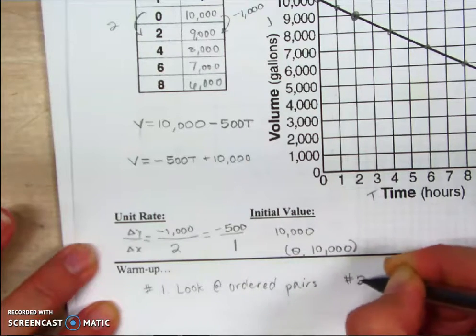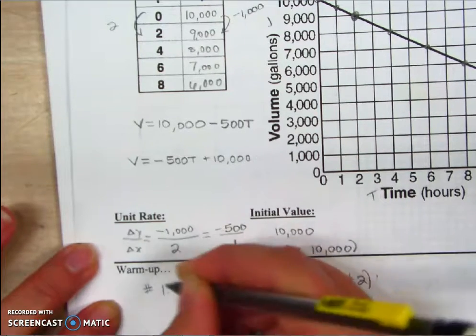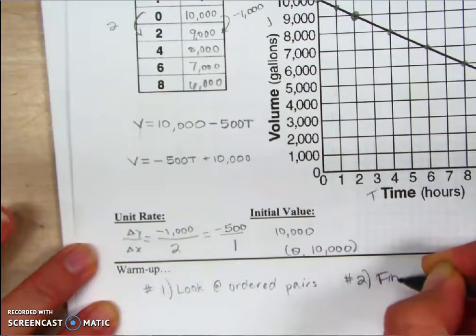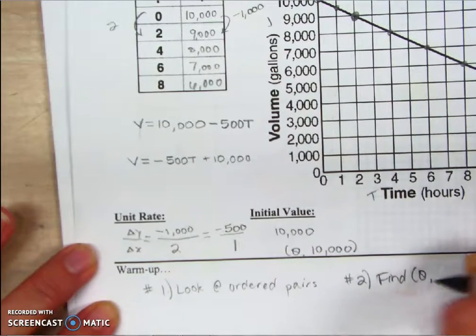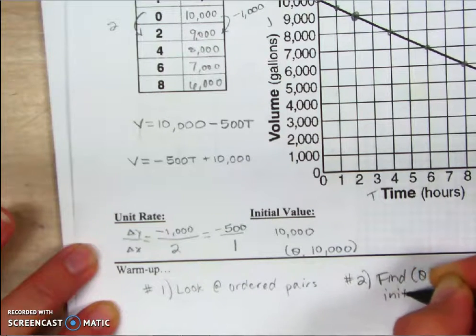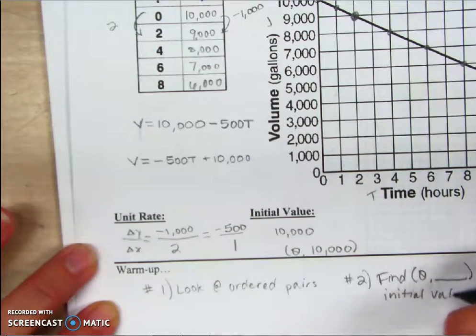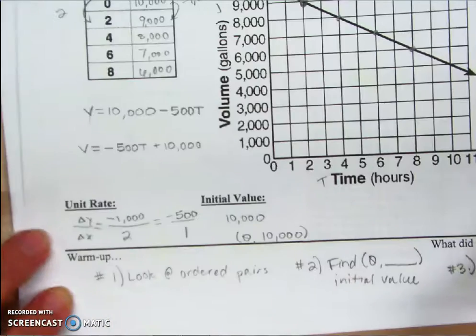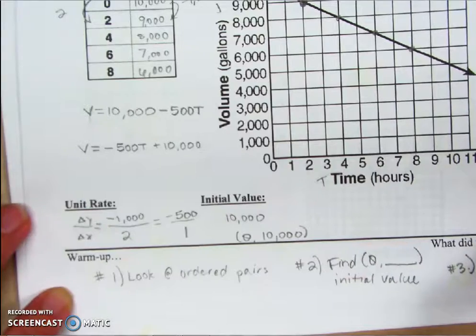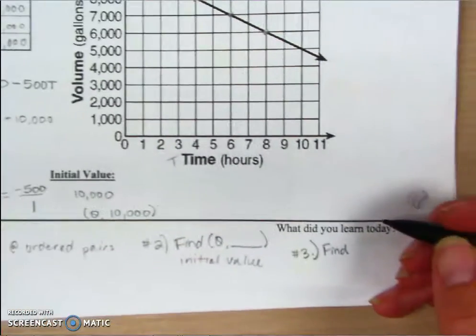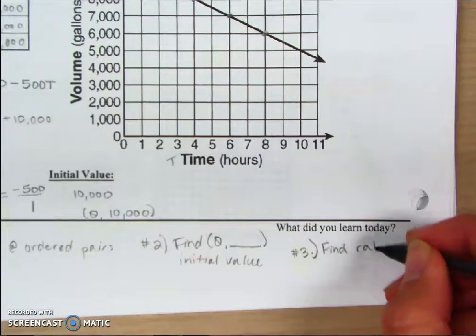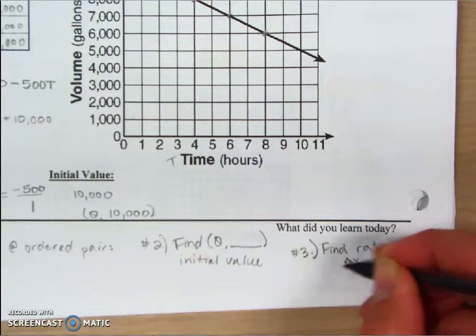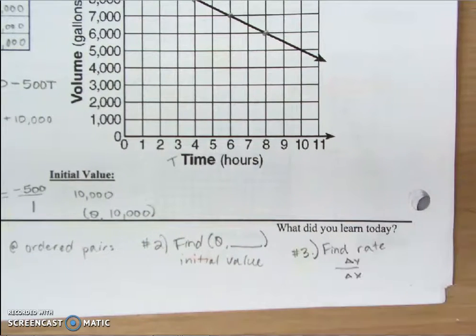Number 2, find where x is 0. Find the initial value. And the third thing we do, number 3, is look for the rate. Find the rate. And that's how the y is changing for every time the x changes. Change in y over change in x.